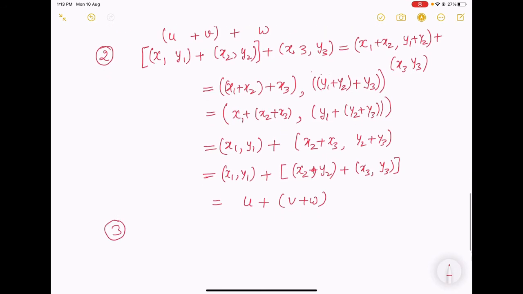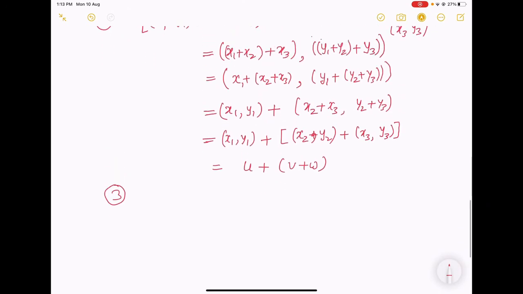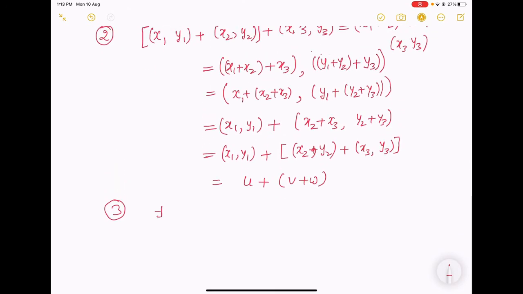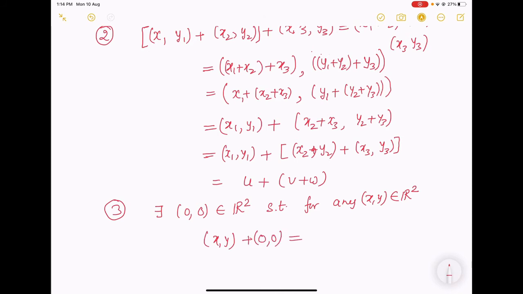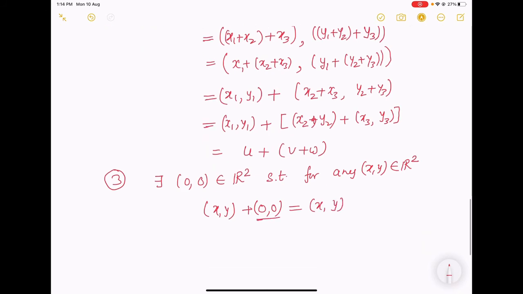The third one is the identity property. Obviously there exists 0 comma 0 belonging to R square such that for any x y belonging to R square, x y added to the additive identity gives you the same element. Hence this is the identity element in R square.